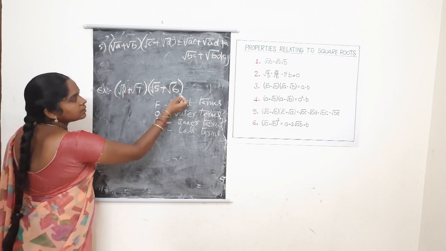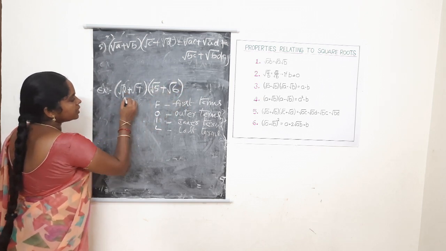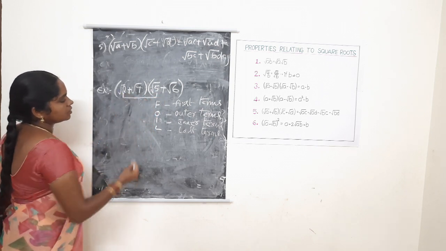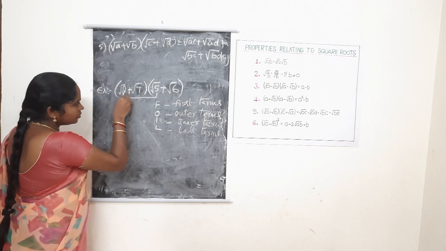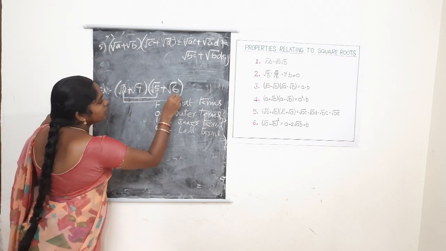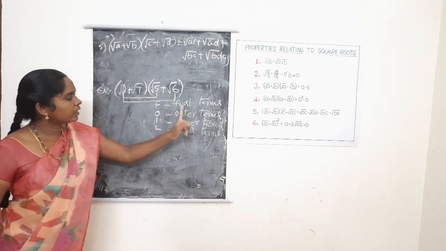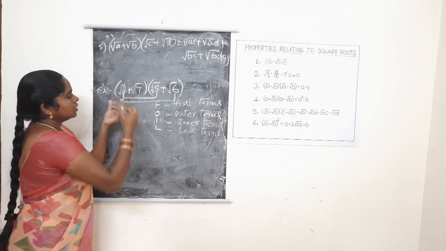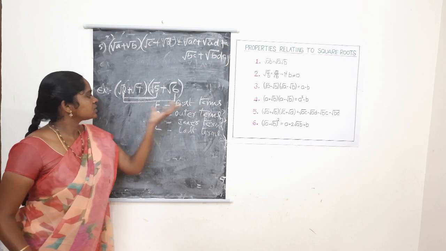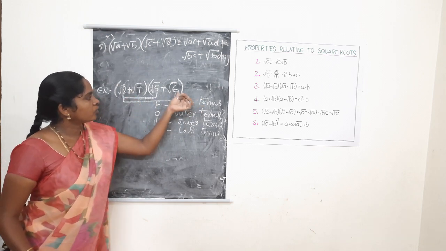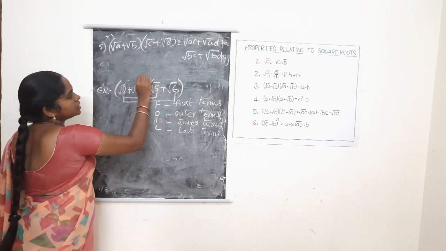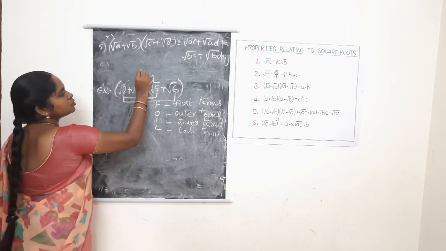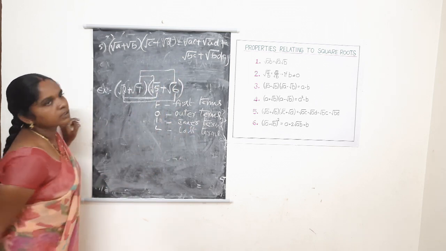In the other binomial expression, this is the first term and this is the last term. The first terms of each binomial are the first terms. Next, these two are outer terms, and next to these, these two are inner terms.